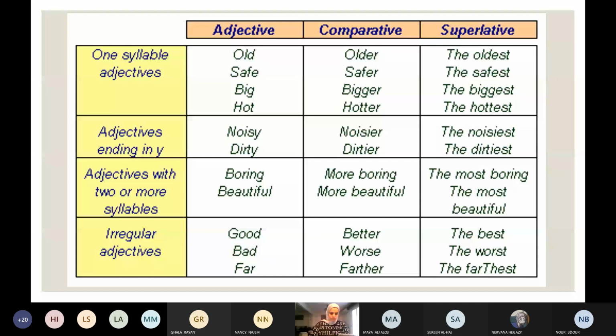But can you imagine a less predictable place for a ranch than England? It will be more predictable. More predictable. So you changed what? I changed the ER and put more instead because it has more than one syllable.